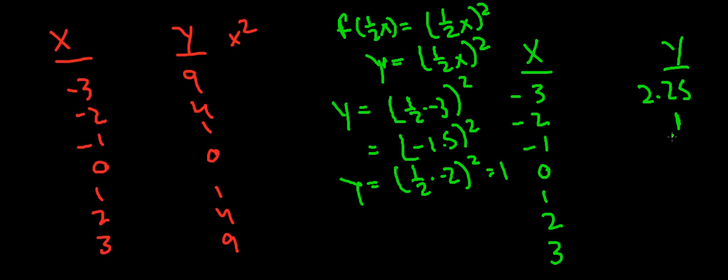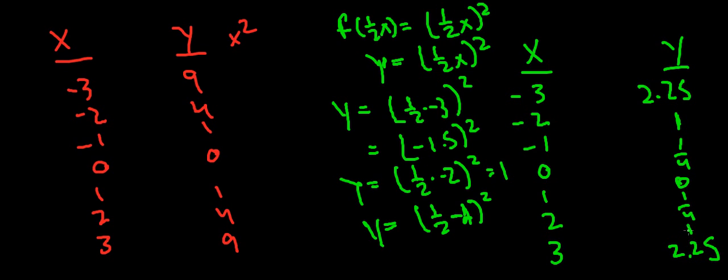If we put in minus 1, we get minus 1/2, and minus 1/2 squared is 1/4. We're going to get the same thing: 0, 1/4, 1, and 2.25.